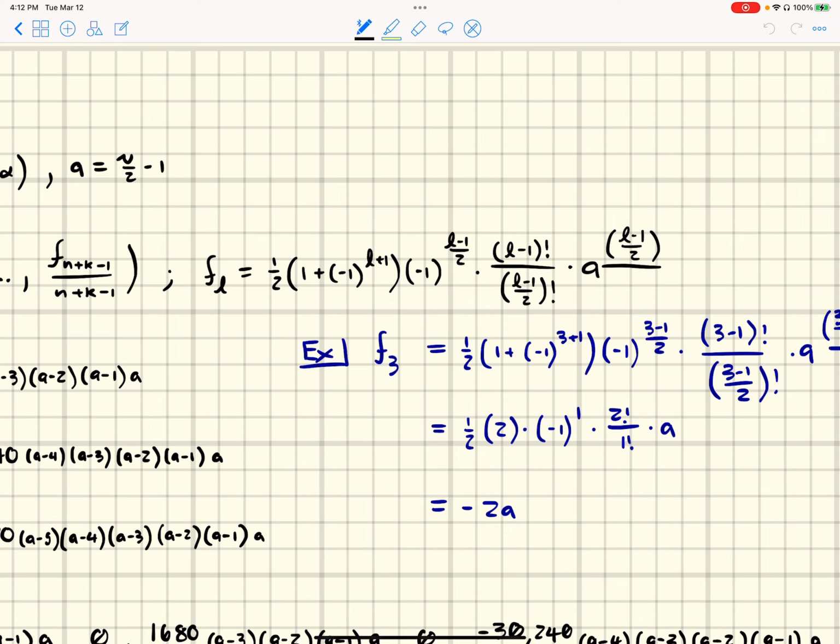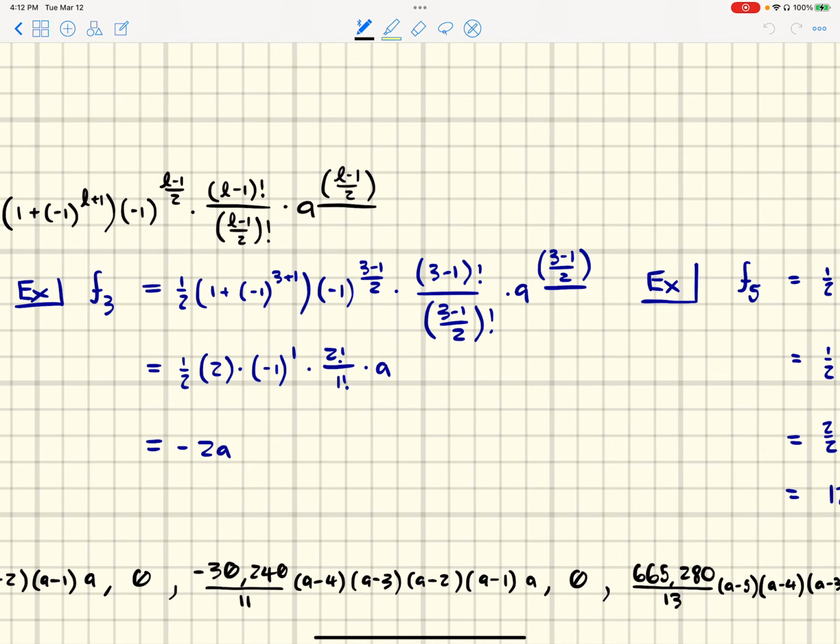This first term, the 1/2 times 1 plus -1 raised to L plus 1 times -1 raised to L minus 1 over 2, really is just going to give you a 0 where you need it. It's going to give you a -1 where you need it, and a +1 where you need it. And I demonstrate that with the examples.